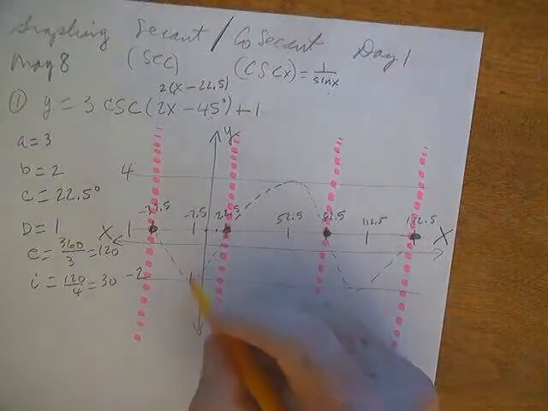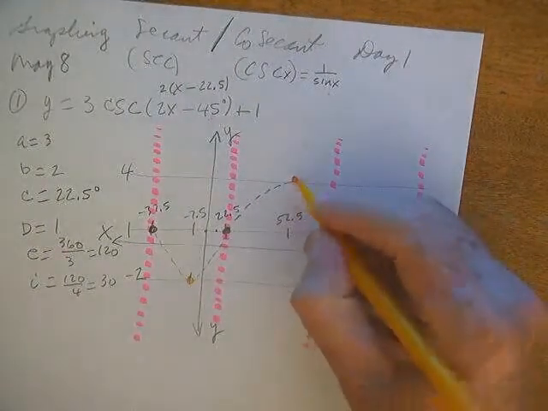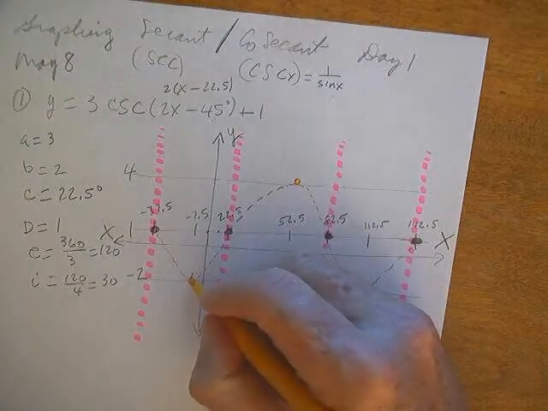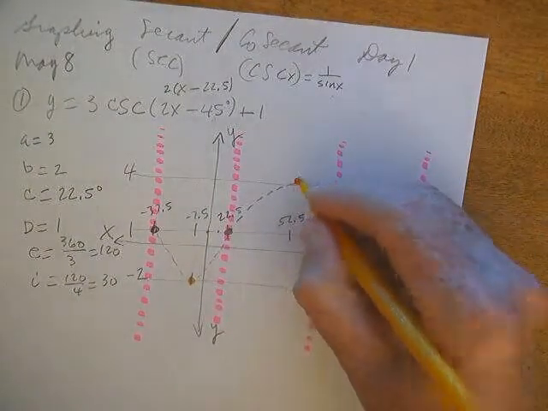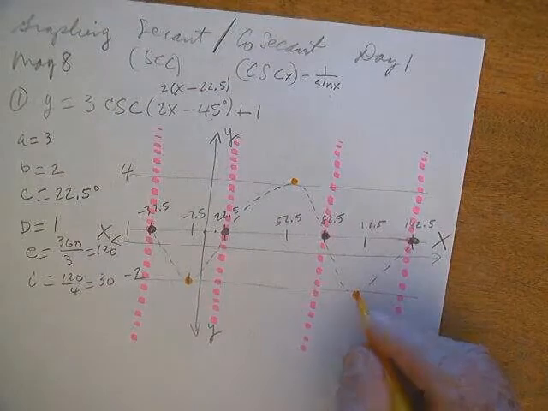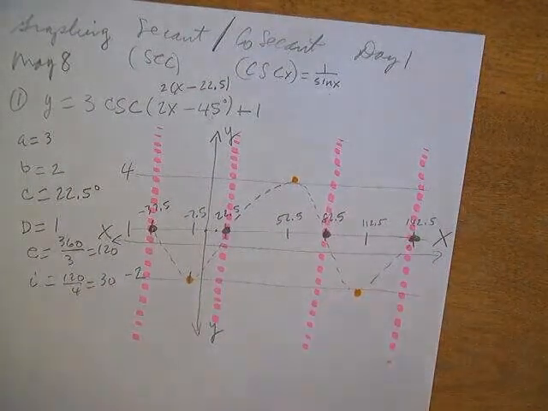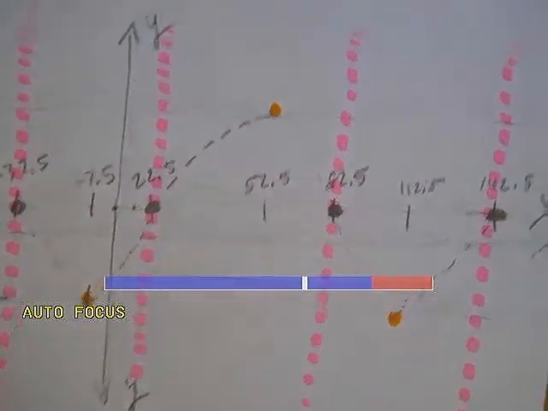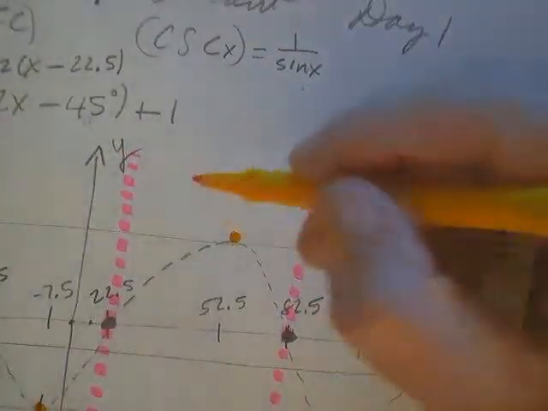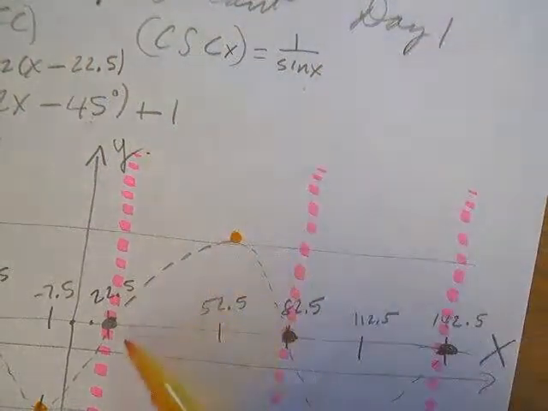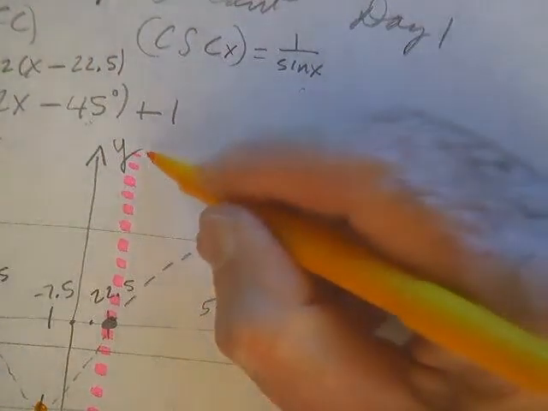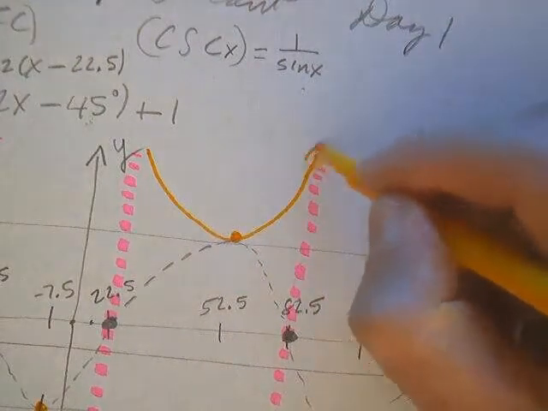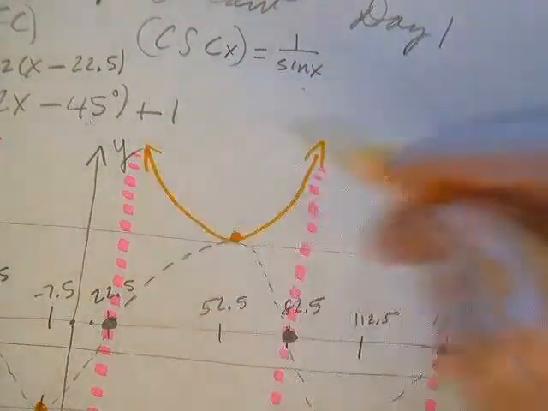Okay? And then you want these points here. I'm putting them in yellow, hopefully it shows up that way on the video. Looks pretty good on my screen. Okay, and then what we want to do is take this parabolic shape right there and just reflect it between the asymptotes.